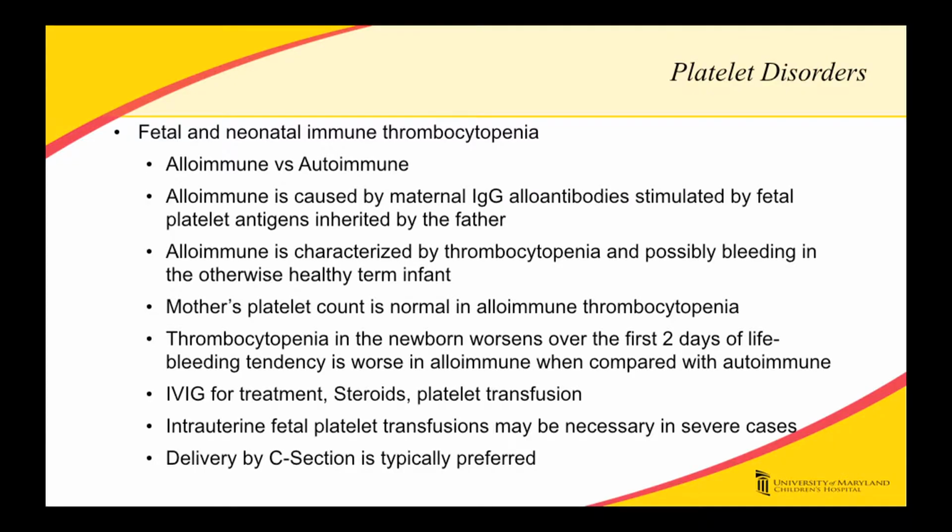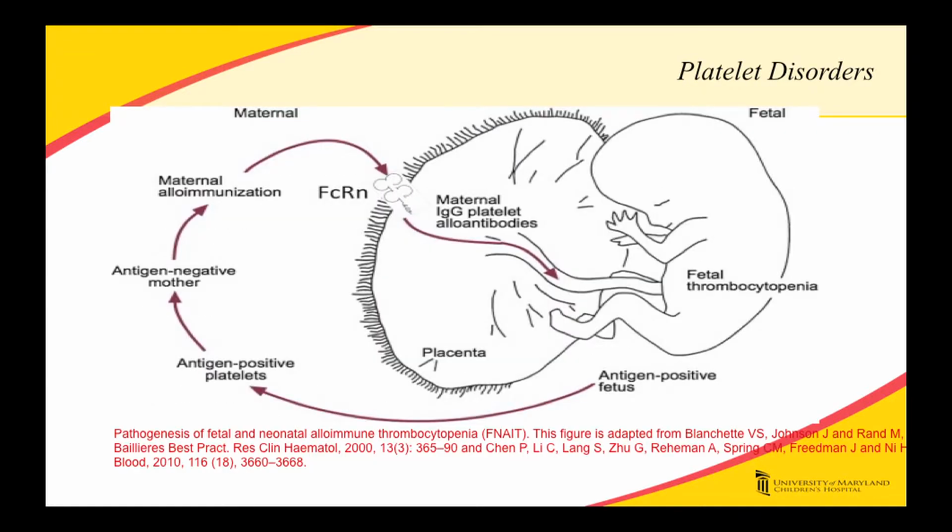Intrauterine fetal platelet transfusions may be necessary in severe cases, and usually delivery by C-section is preferred. This is just a diagram showing you maternal antibodies and how this causes fetal thrombocytopenia, because the baby's platelets have a positive marker that the mom has been sensitized to, and her immune system is attacking the baby's platelets.